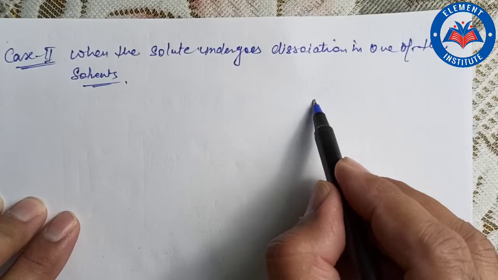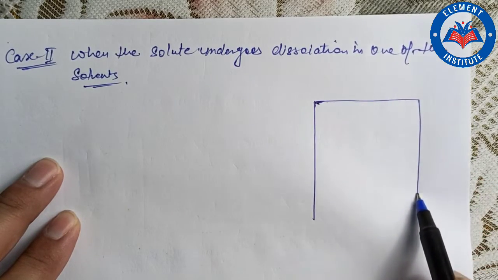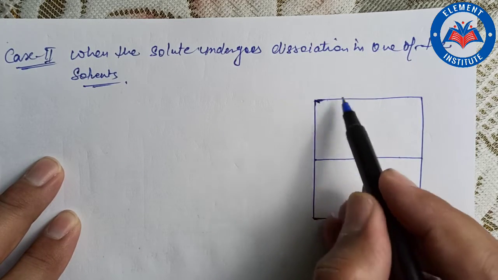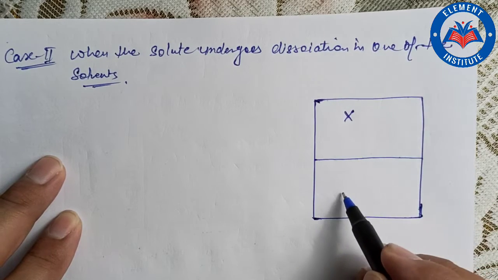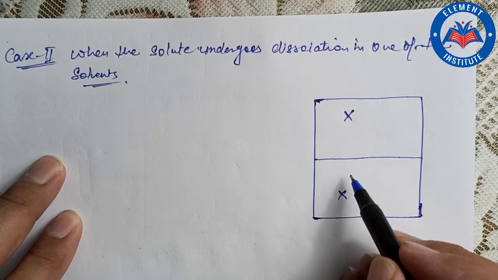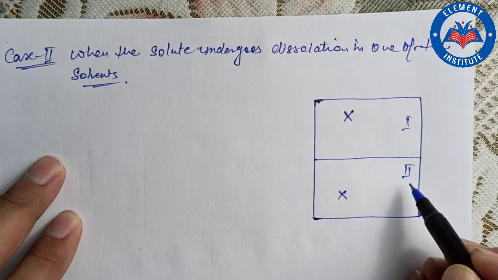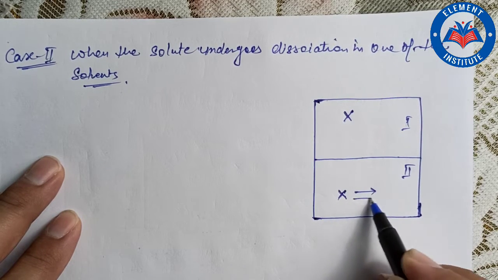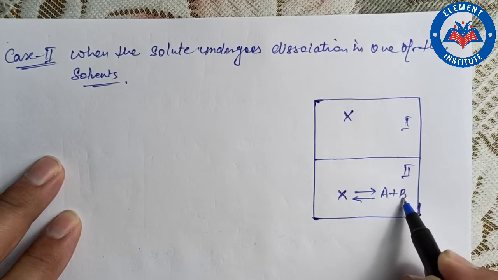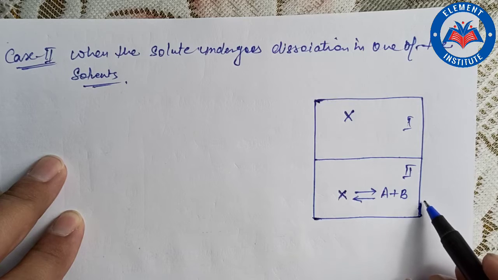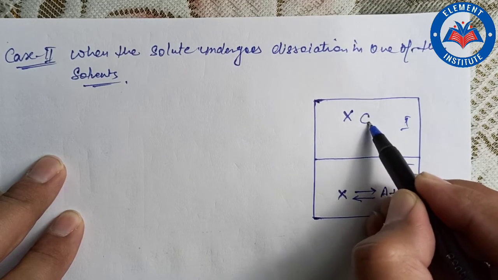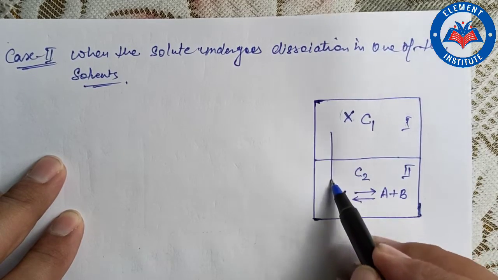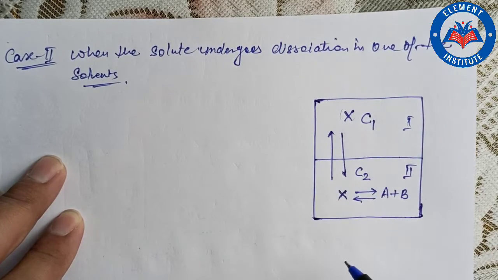Means if we have a mixture of two immiscible liquids and a solute X is being distributed in these two liquids, and suppose the solute X undergoes dissociation in phase 2, forming two ions or two molecules such as A and B, and let the concentration of solute in phase 1 be C1 and in phase 2 be C2, and both the liquids are in equilibrium.